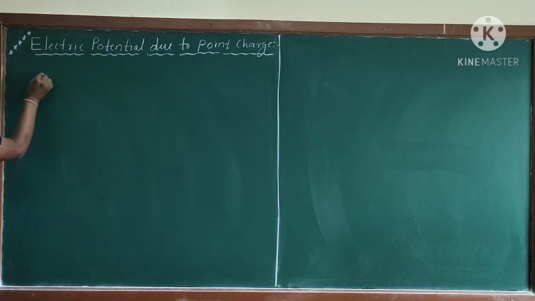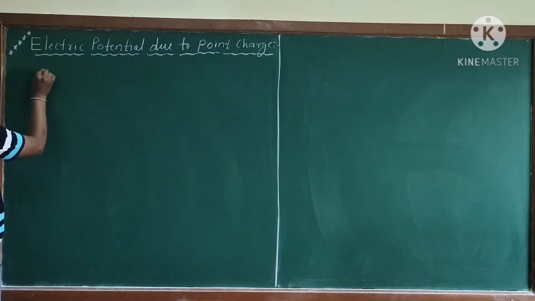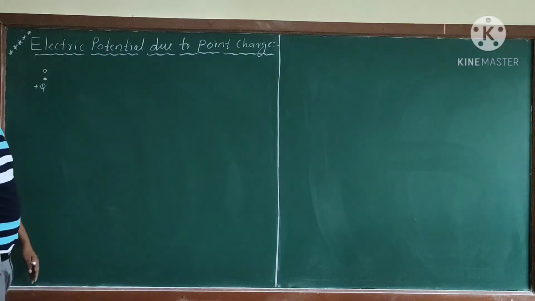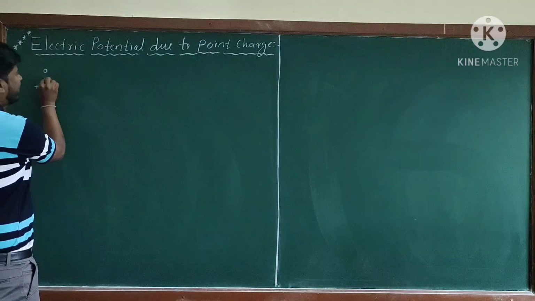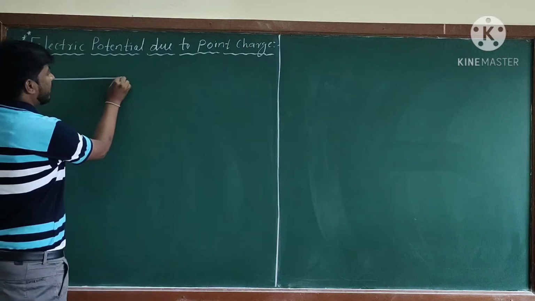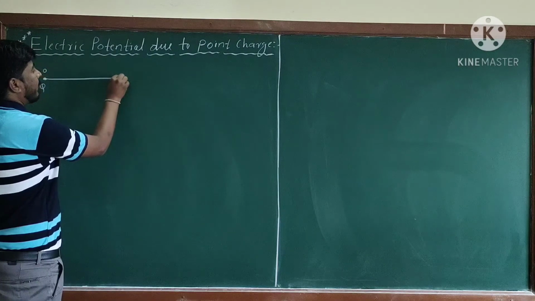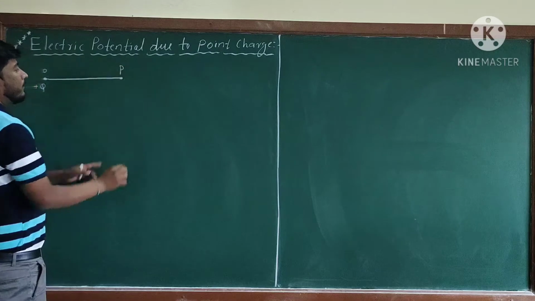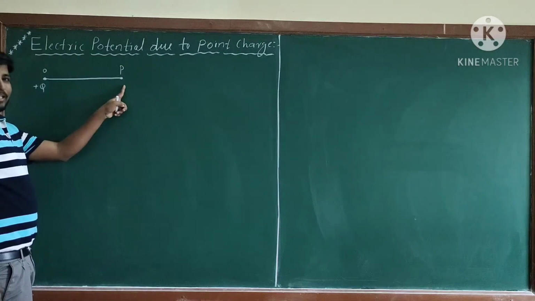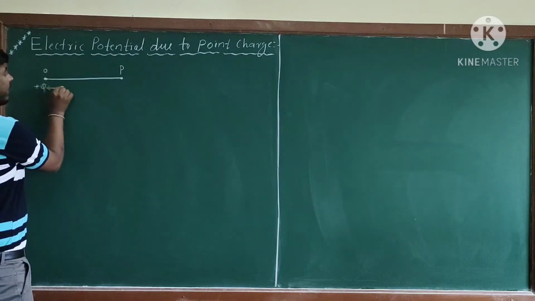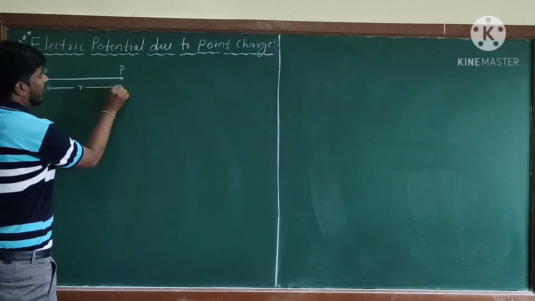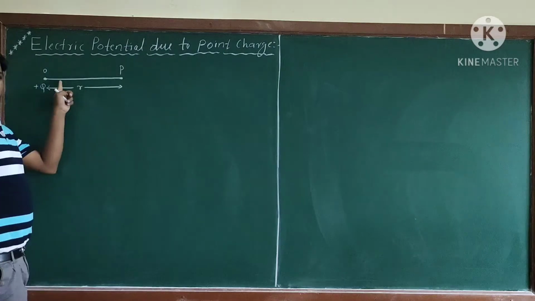Say that a point charge Q is placed at the origin O. Let P be a point at a distance R from the origin.